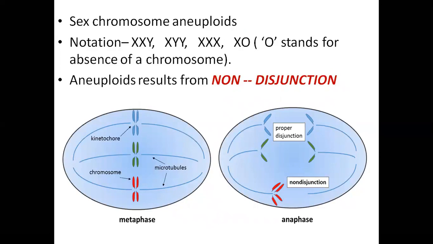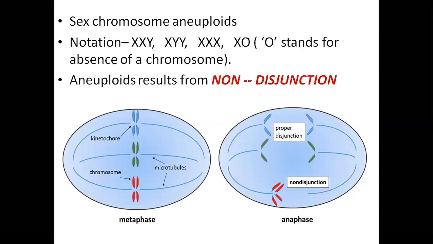The notations merely list the copies of each sex chromosome, such as XXY, XYY, triple X, and XO, where O stands for absence of a chromosome, so it is simply X. All these aneuploids result from non-disjunction of chromosomes during meiosis.